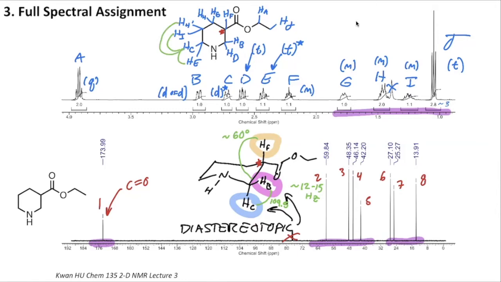We don't exactly see that in our one-dimensional data when we go to look at it. What it looks more like to me would be a doublet of triplets. So what I think is happening here is that HC is split by HE to some big J that we can see in the center of our lines there. So that is splitting it into a large doublet.